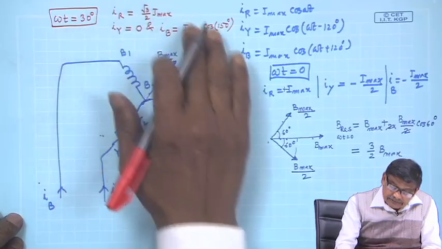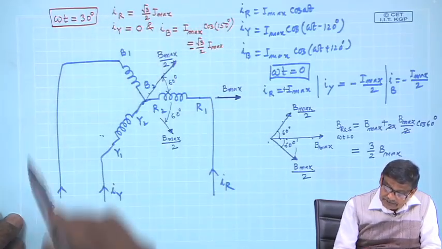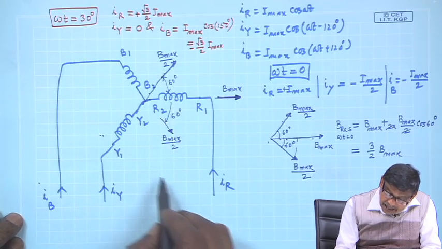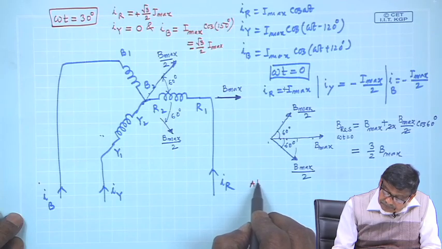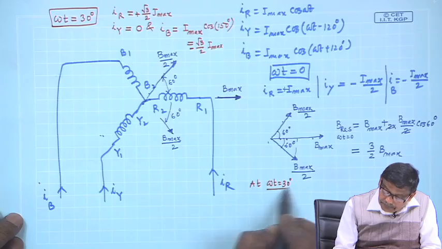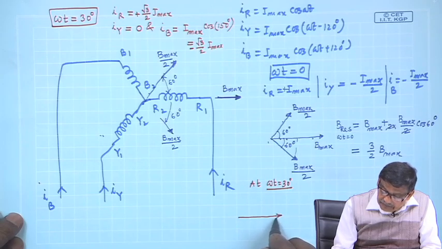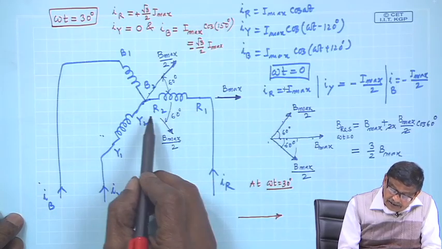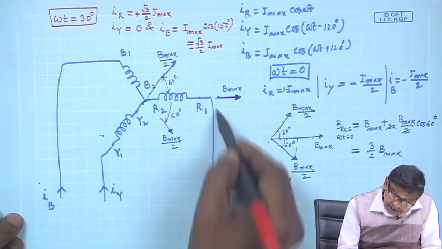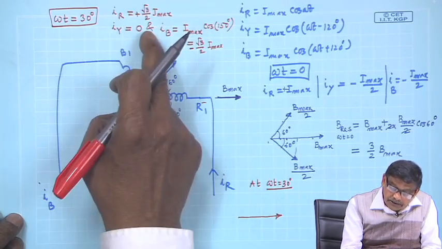Now, these currents, now current in R phase is root 3 by 2 I max plus. Therefore, R phase at omega t equal to 30 degree, time passes, R phase field will be horizontal and away from the center, because current is really positive and entering through R 1, and its value is root 3 by 2 I max.